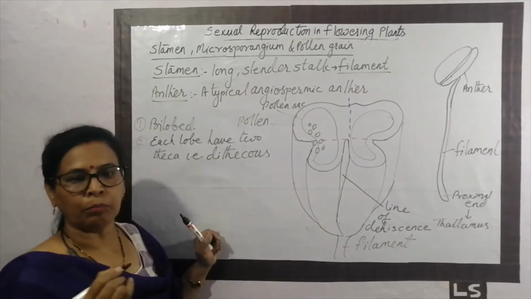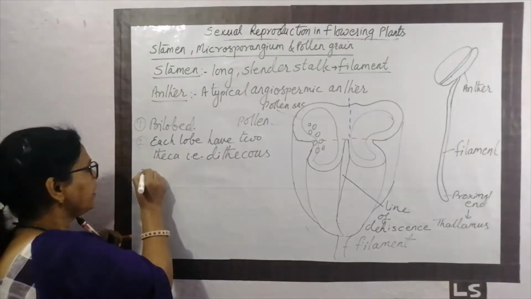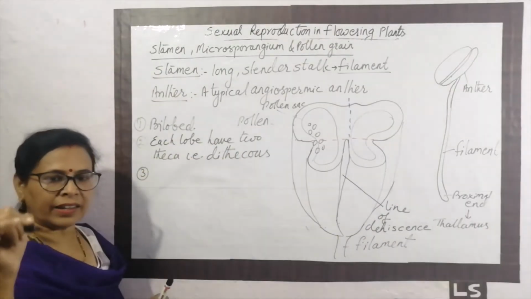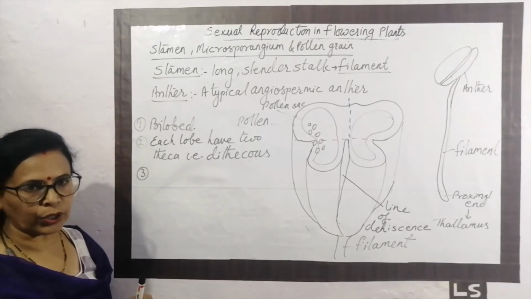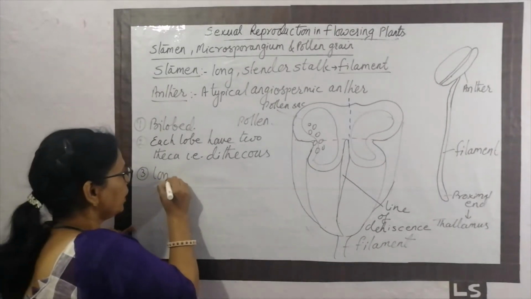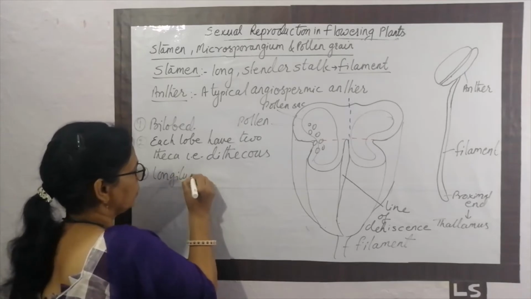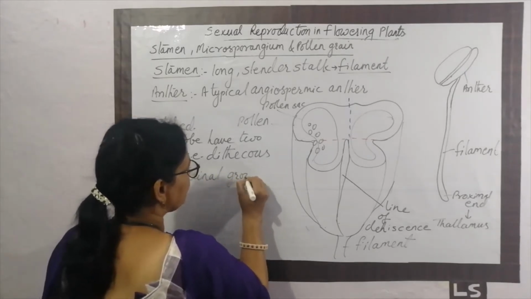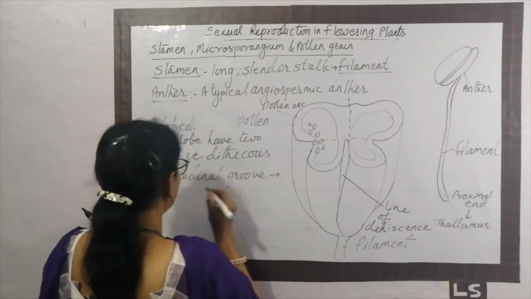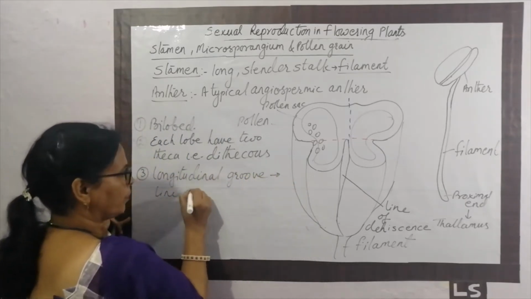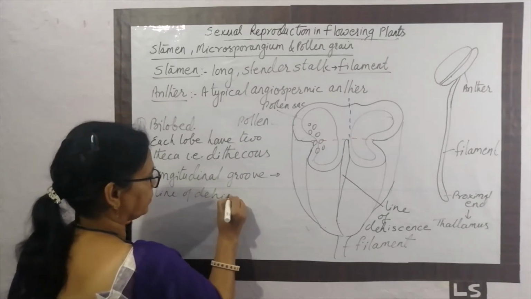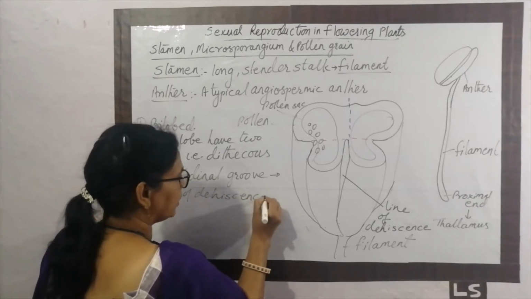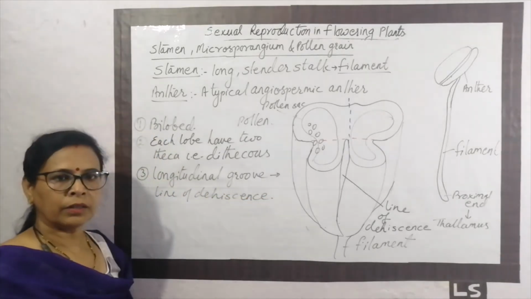Okay. The third important character: it contains a splitting line, the lengthwise longitudinal groove, that is called the line of dehiscence.